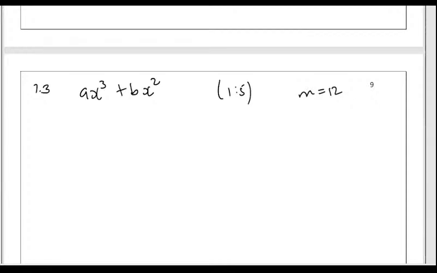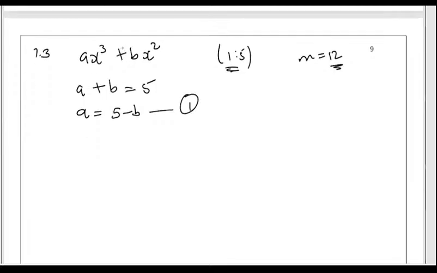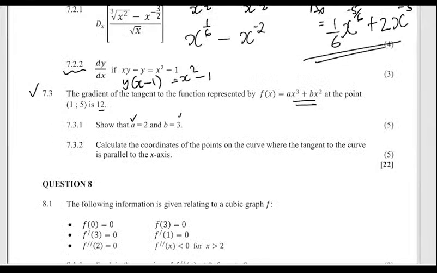So step number 1, let's just substitute this in, okay? So if x is 1, y is going to be 5, meaning that a plus b should give us 5, because 1 cubed is 1, 1 squared is 1. So that's the first equation. We can say a is going to be 5 minus b. Call that equation 1. Then for us to look at the gradient, we need to find the first derivative, okay?